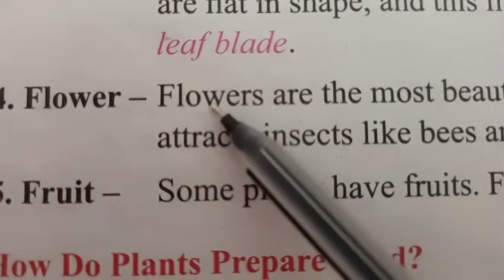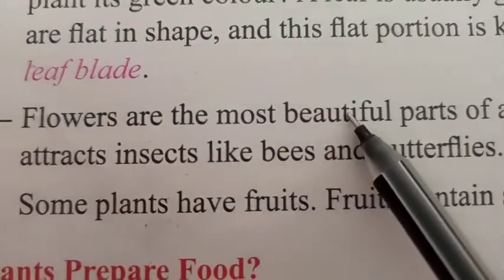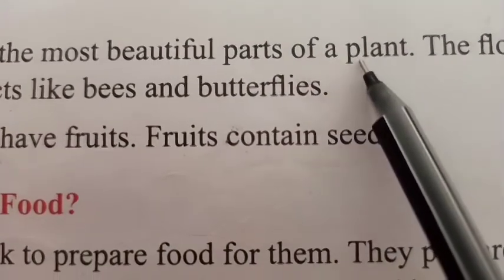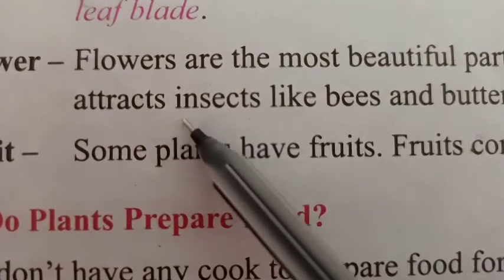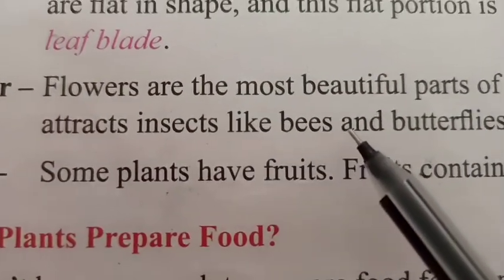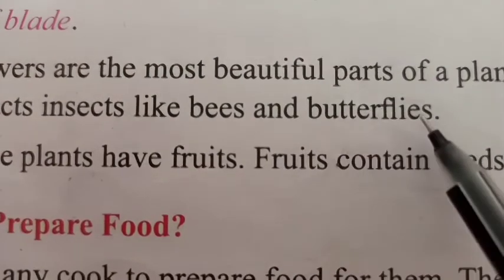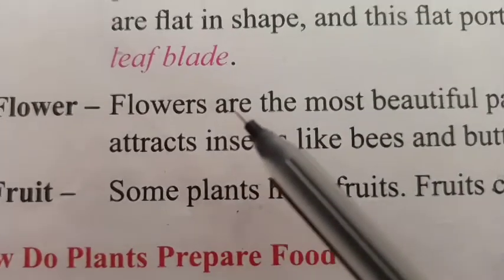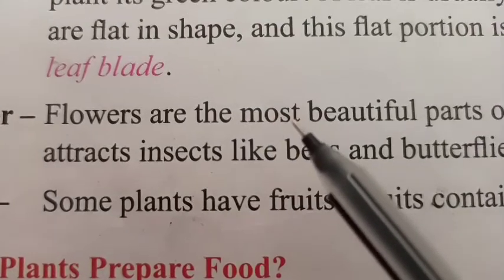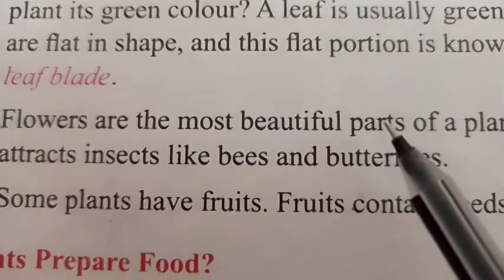Flower. Flowers are the most beautiful parts of a plant. The flower attracts insects like bees and butterflies. You know, children, flowers are a very important and beautiful part of the plant.